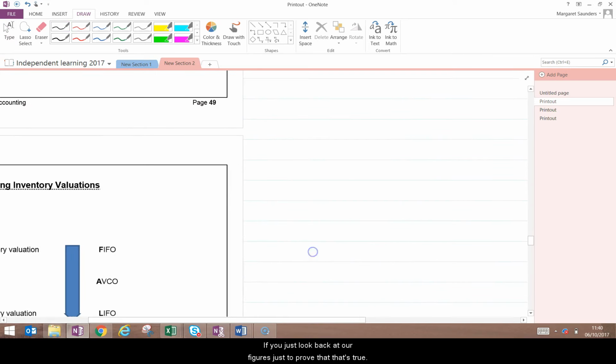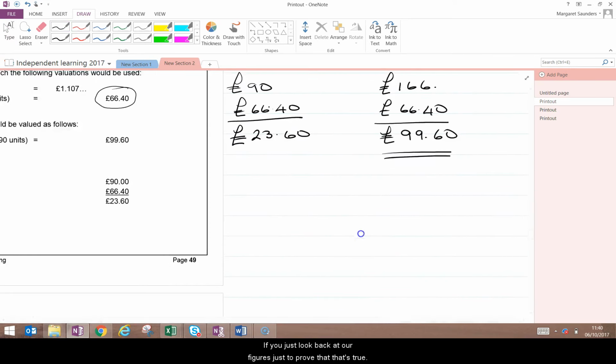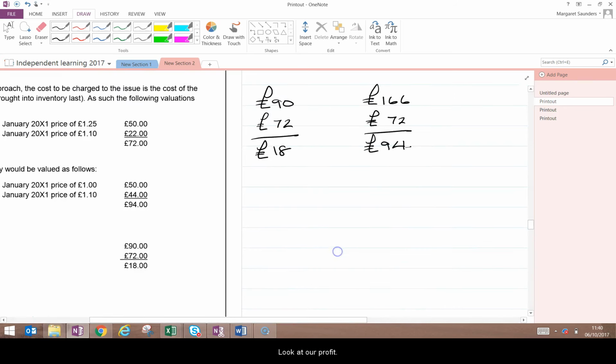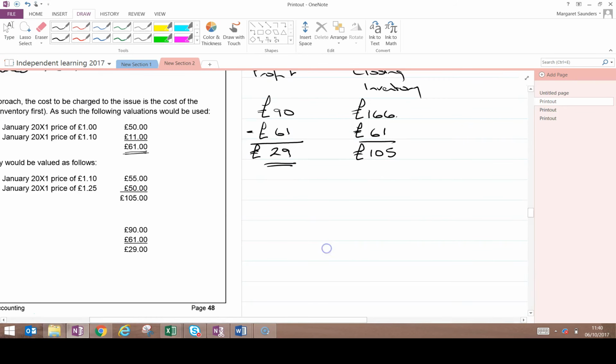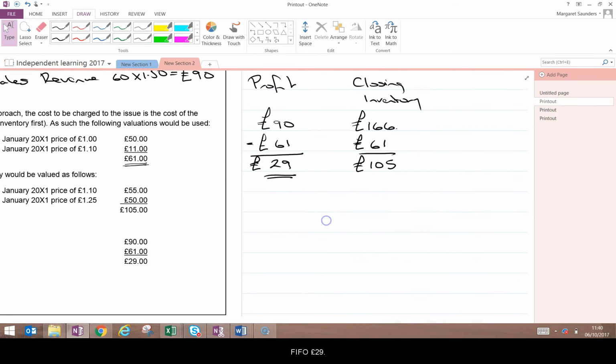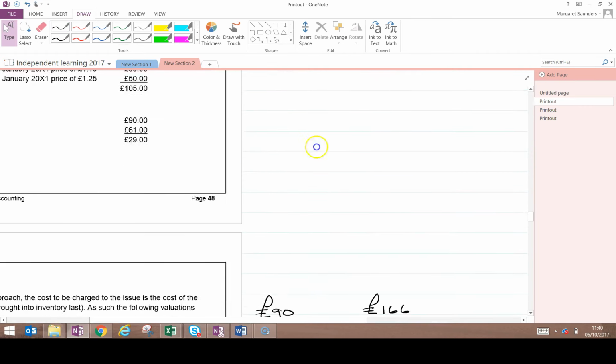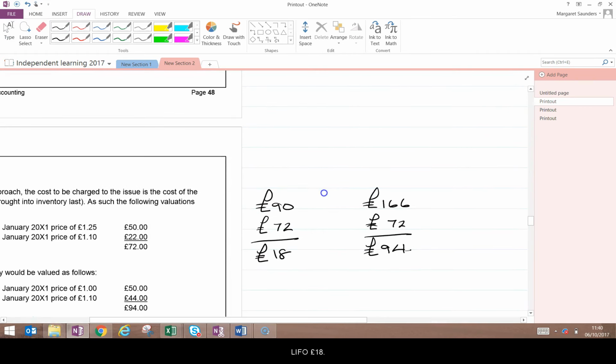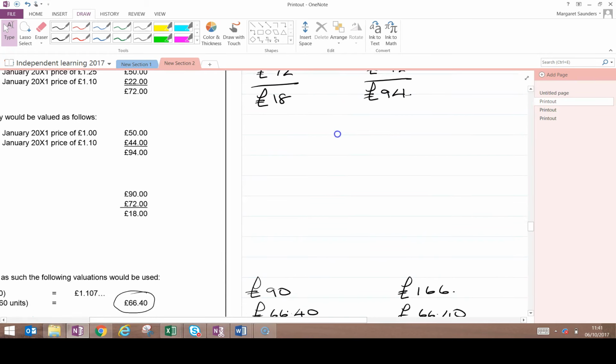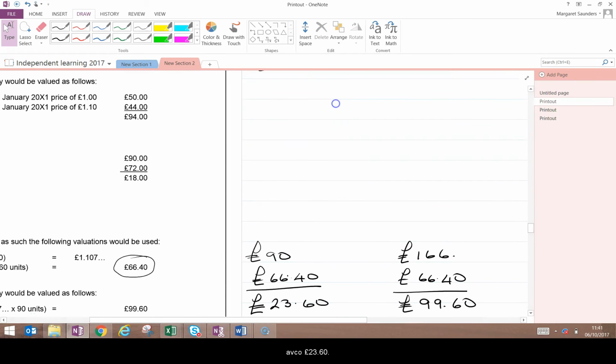And if we just look back at our figures, just to prove that that's true. So if we look at our profit, FIFO £29, LIFO £18, AVCO £23.60. So FIFO was the highest, LIFO was the lowest, AVCO was in the middle.